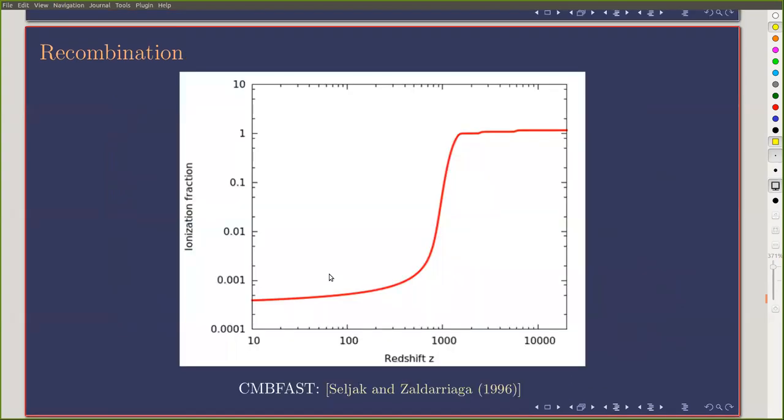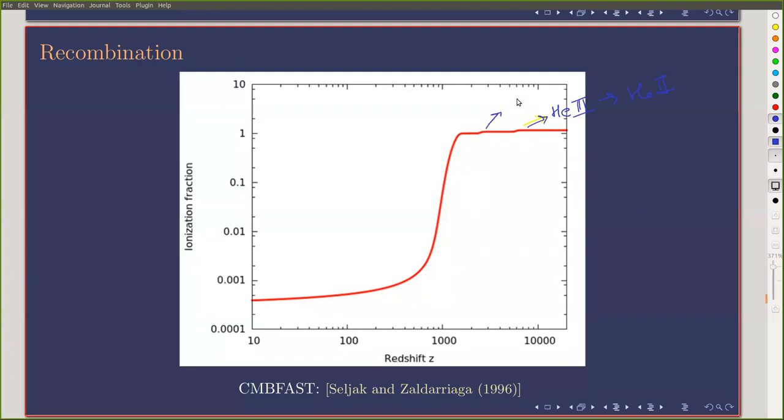So then we have the recombination plot which Shiva has already shown. This is the first recombination of hydrogen, and this is helium, when the helium went from the second excited state to the first excited state.